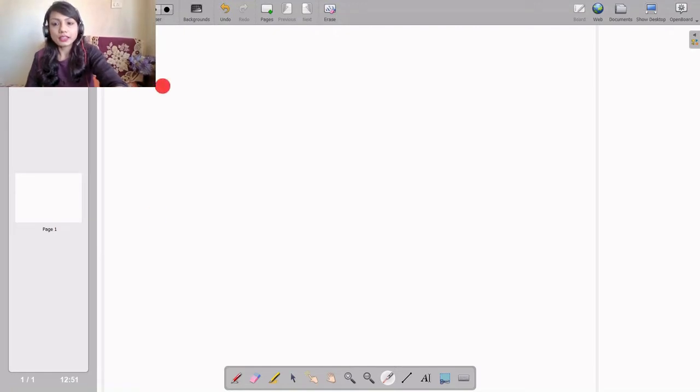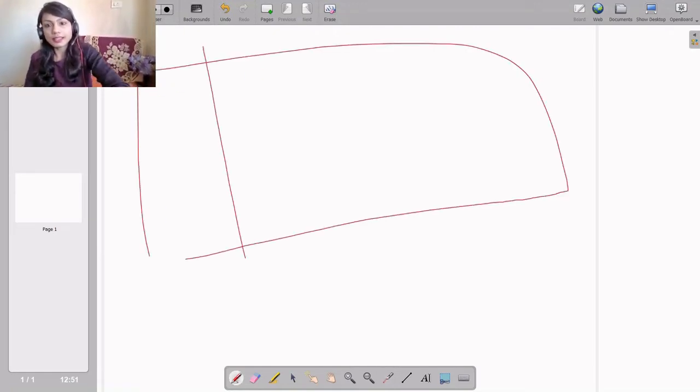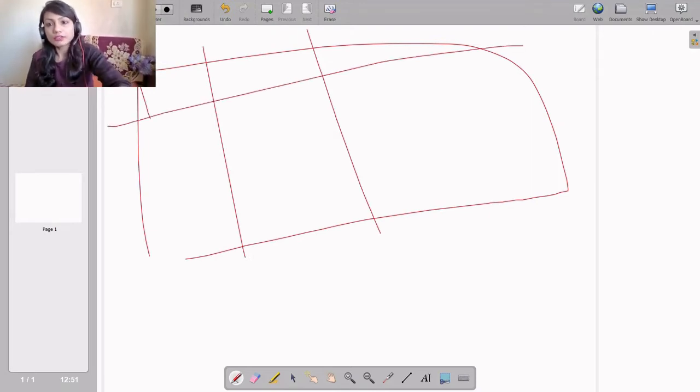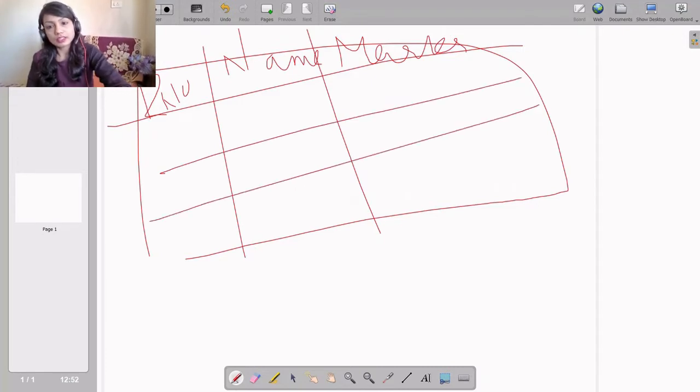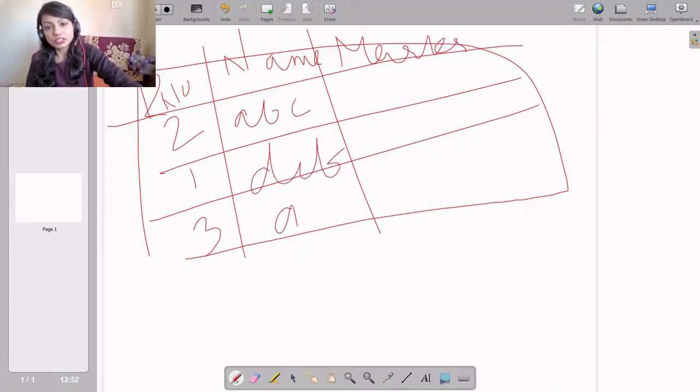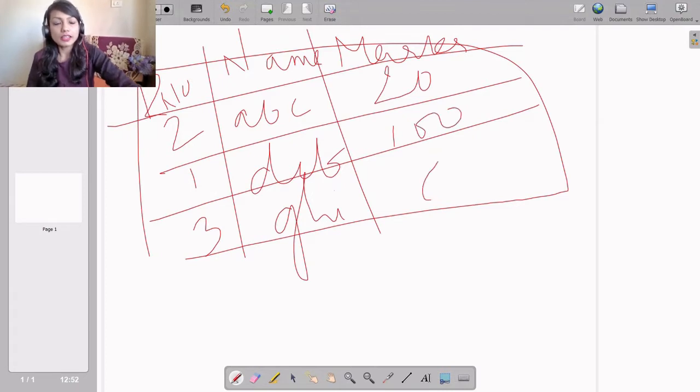Assume we have a student record with roll number, student name and marks. We'll take roll numbers 2, 1, 3, names ABC, DEF, GHI and marks 20, 100 and 60.